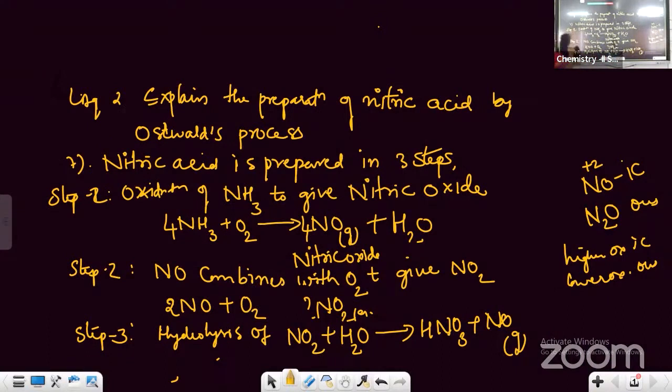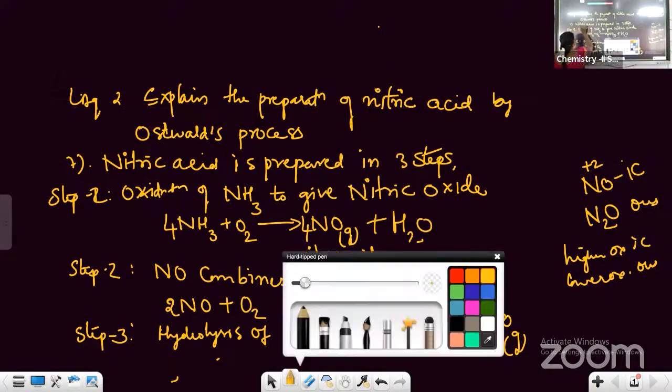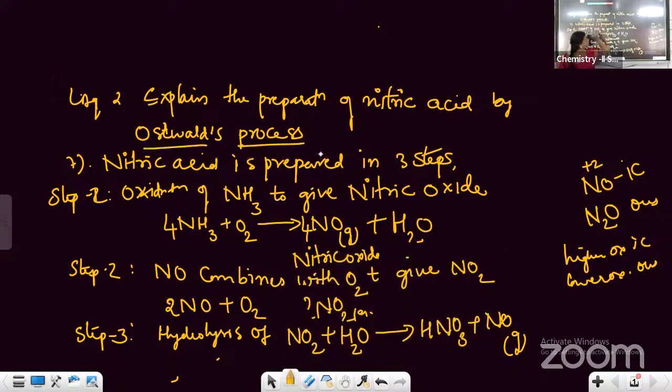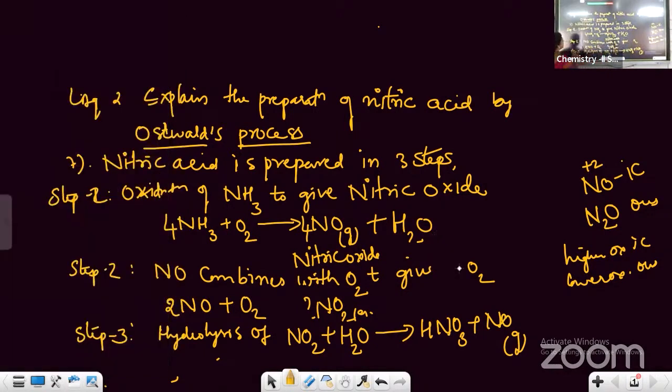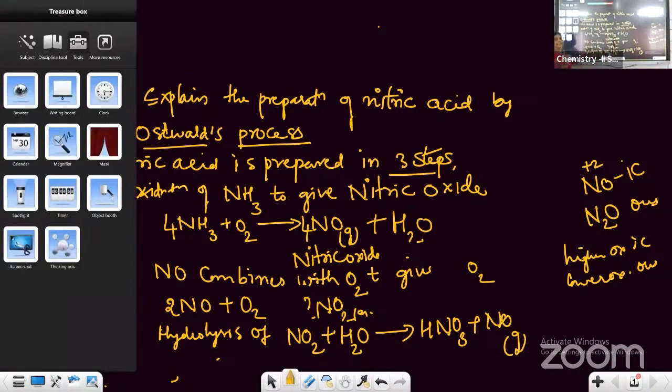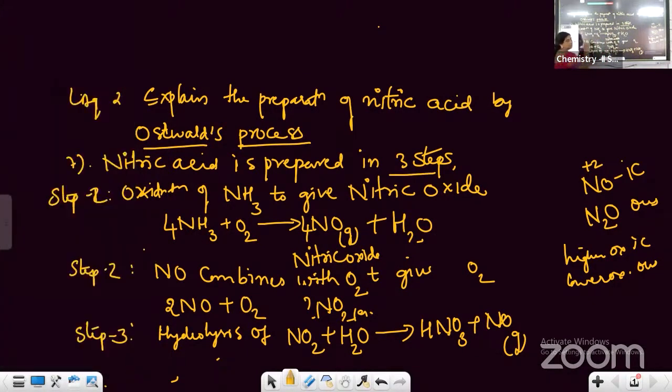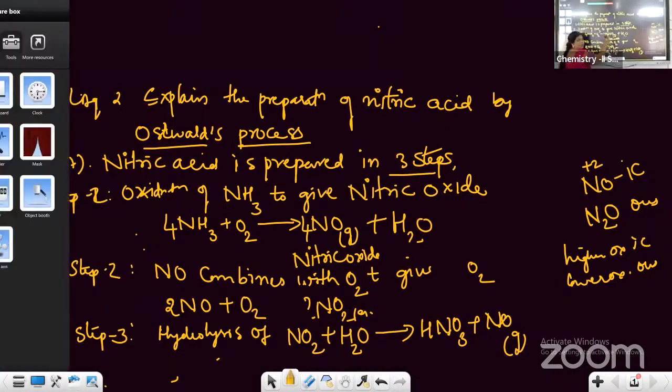Okay, boys. So here preparation of nitric acid by what process? By Ostwald's process. Now, this reaction will be carried out in how many steps? It will be carried out in 3 steps. Step 1 is oxidation of ammonia. So when ammonia gets oxidized, it gives nitric oxide.